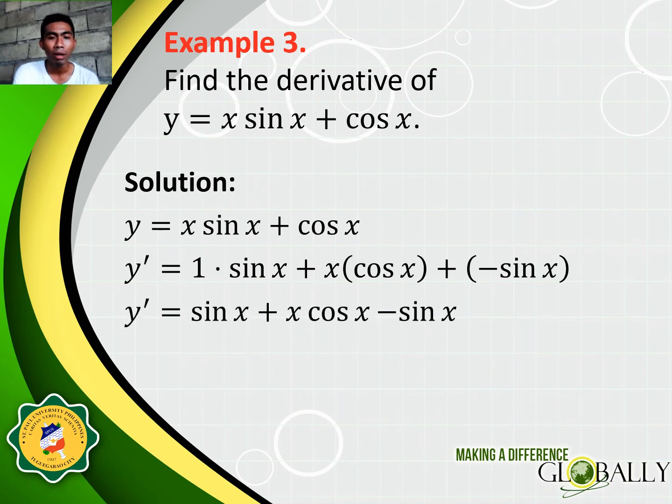Y prime equals 1 times sine x is sine x plus x times cosine x is x cosine x minus sine x, because the product of a positive and a negative number is a negative number.